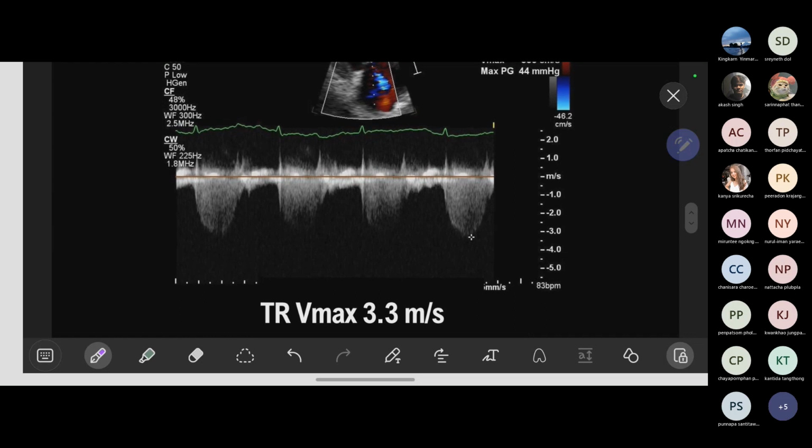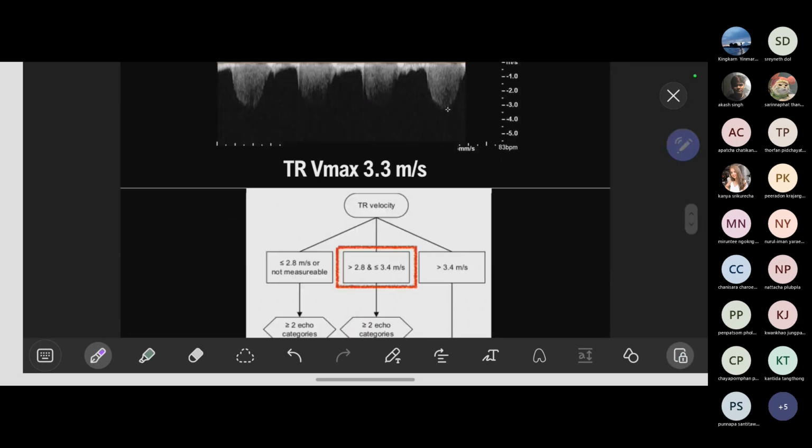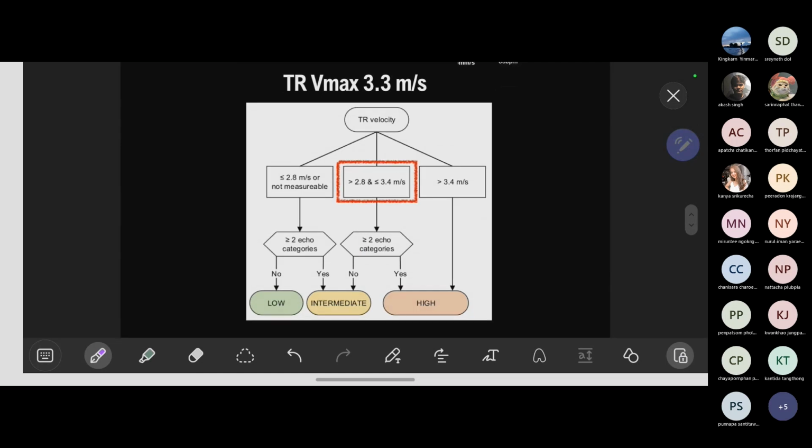Echocardiographic examination shows TRV max 3.3, which is in the middle box.